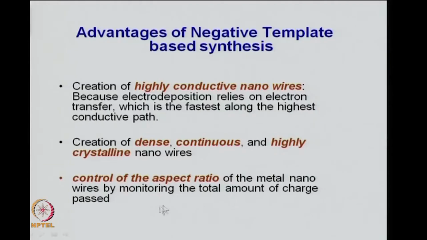That will control the aspect ratio of these metal nanowires. So, in general, this technique of negative template based electrodeposition allows you to make highly conducting nanowires and also allows you to make large scale nanowires with controlled aspect ratio.